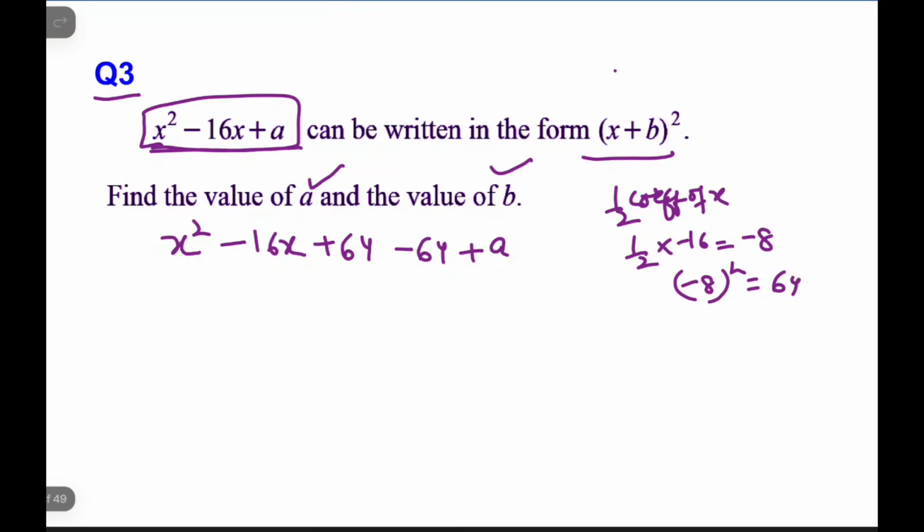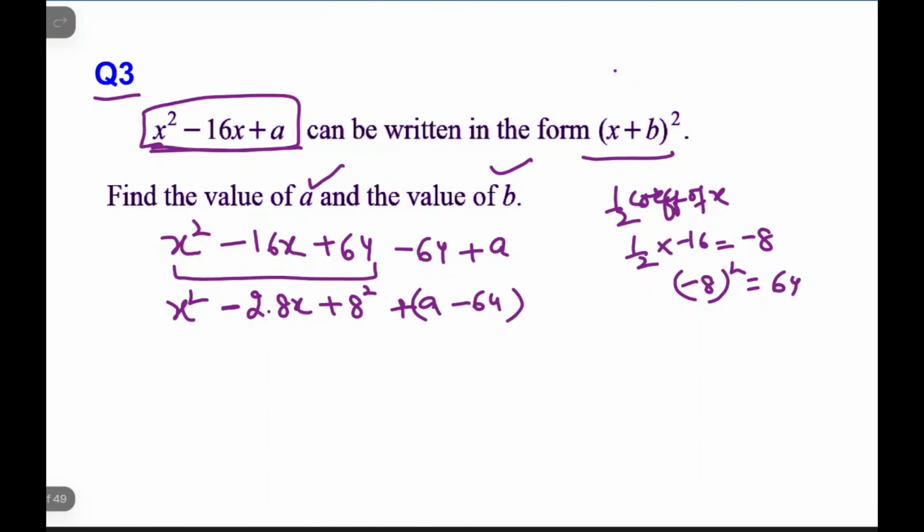This a as it is. Now this term becomes x squared minus 2 times 8x plus 8 squared, plus a minus 64. Now this becomes (x minus 8) whole squared plus a minus 64.